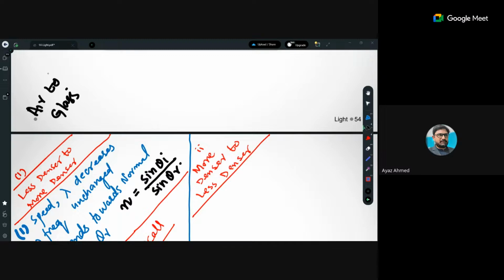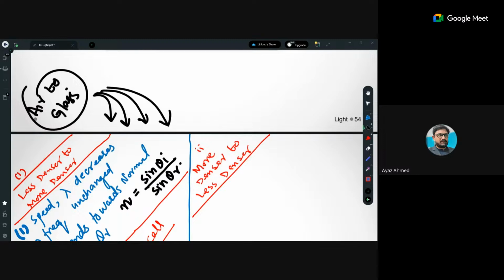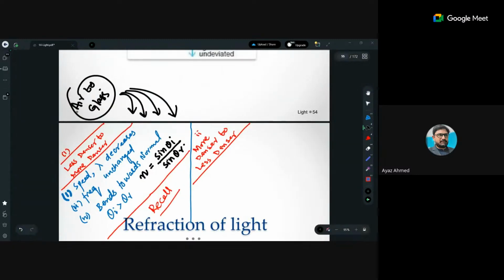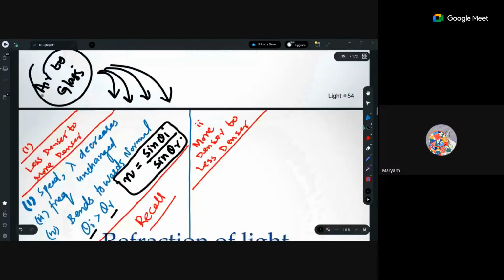When the light enters from air to glass, its speed increases, its wavelength increases, frequency remains unchanged, it bends towards the normal, the angle of incidence appears greater than the angle of refraction, and the formula you will use is refractive index equal to sine i divided by sine r. There's no change in the formula, right?